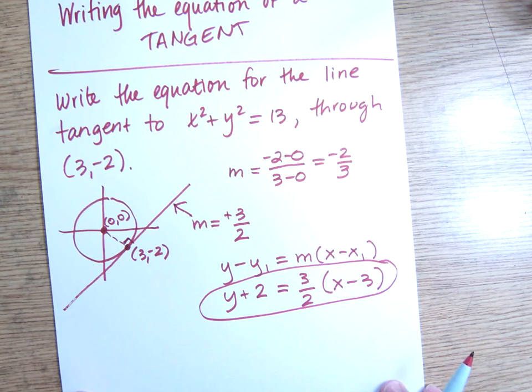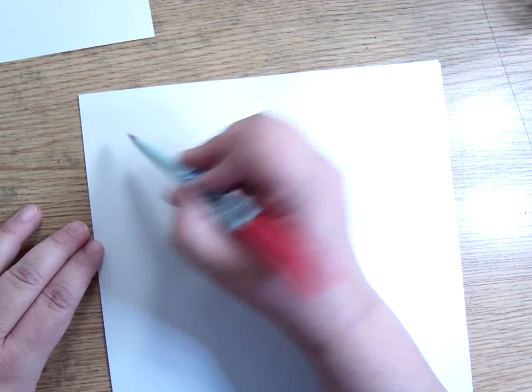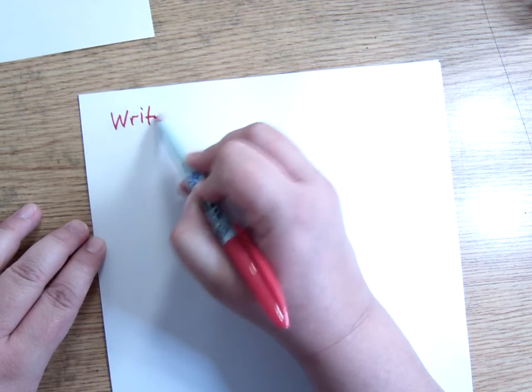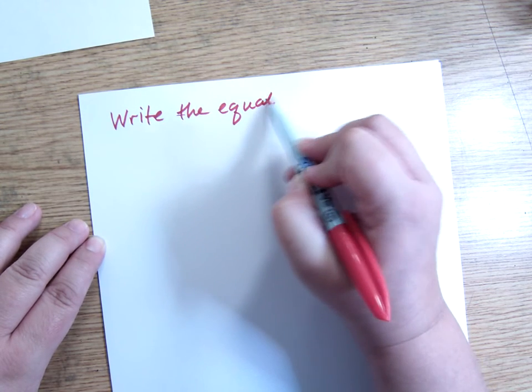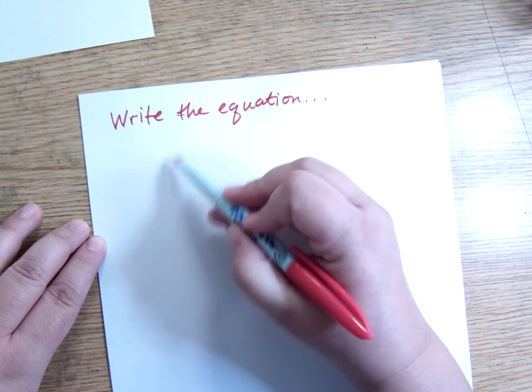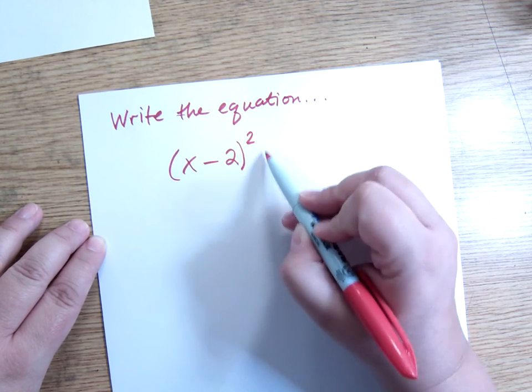Okay, do another one. This time I'm not going to have it centered at the origin. So write the equation of a tangent line that is tangent to this circle.